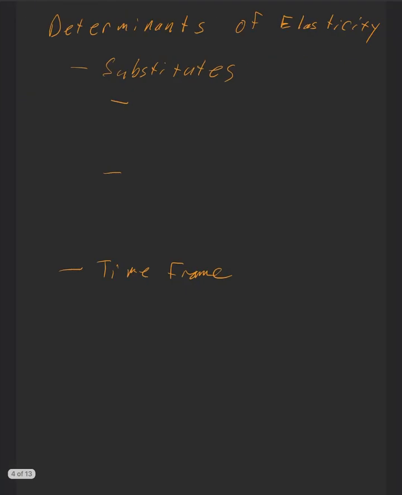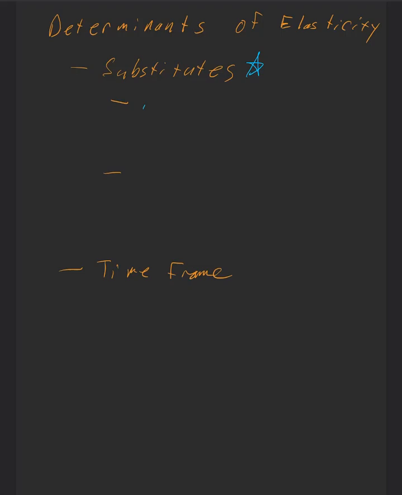Okay, so in the same way that we're interested in supply and demand, the things that determine the relationship between price and quantity, we're also interested in the things that determine how elastic, how sensitive to price something is. The most important one is the availability of substitutes. Now, there are two factors here.